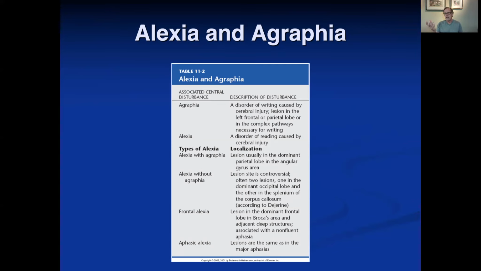You could have a right hemiparesis and write with the left hand if you have no language disturbance. Probably not as good, but you can do it. So somebody with agraphia can't write, in spite of the fact that they can name the object and understand commands using the object, etc.